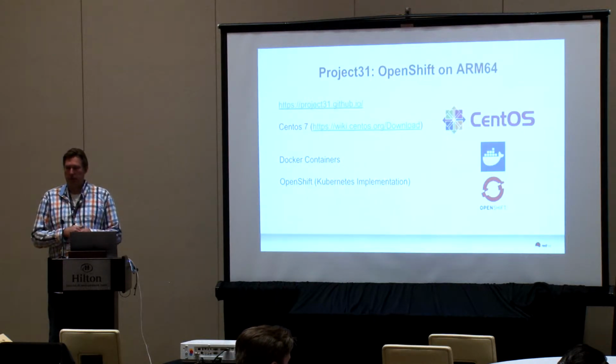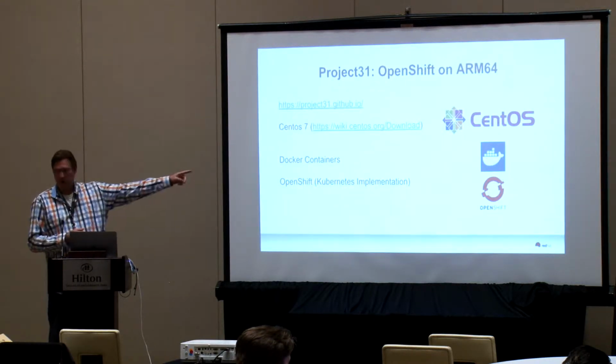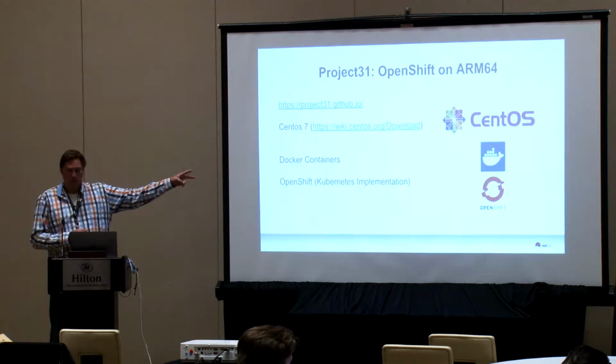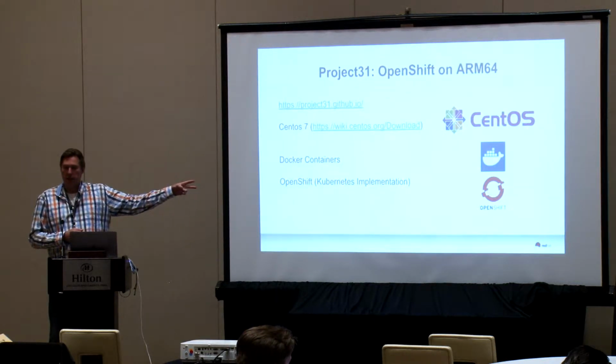I'm familiar with it, but even more so, Red Hat distributes it in RPMs, right? So if you can get CentOS on your board, there's an RPM for Docker, there's an RPM for OpenShift, and I've been bugging them so that they actually make this for alternative architectures, so for ARM64 as well.